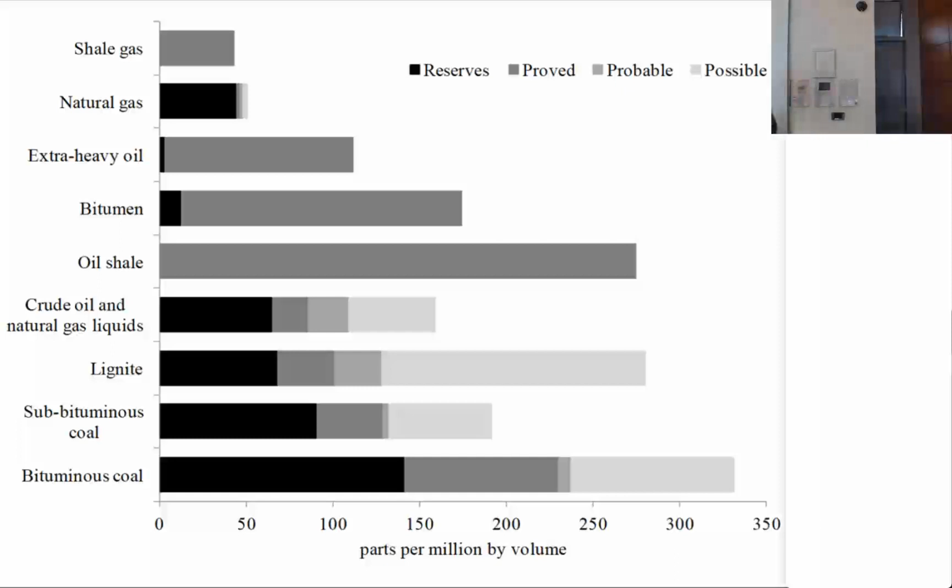Now, if you look at the reserves of natural gas and crude oil and you add them up, then you sort of get to that 100, 150 area, which means that we can burn all the gas in Russia and in Qatar, and we can burn all the oil in Saudi Arabia and Kuwait without warming the climate too much.